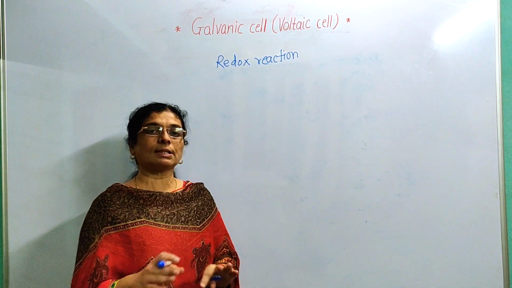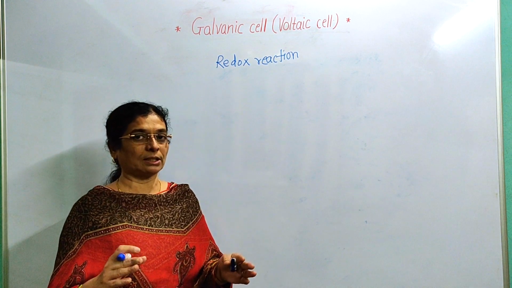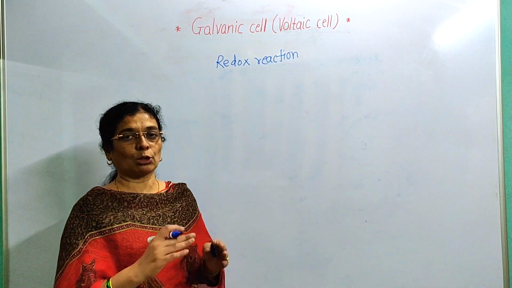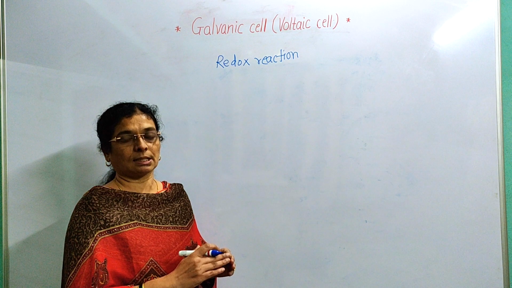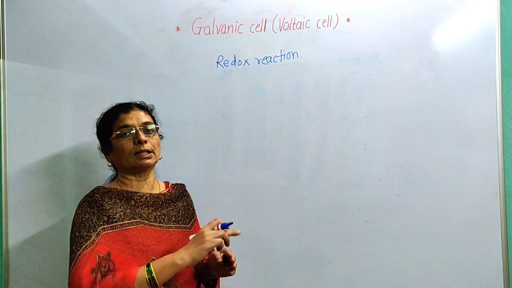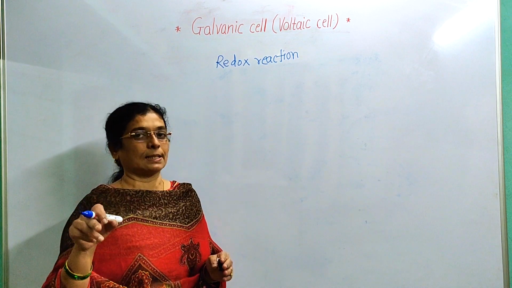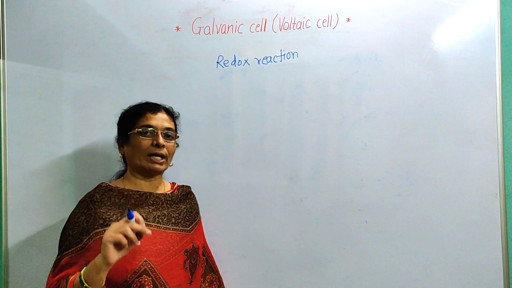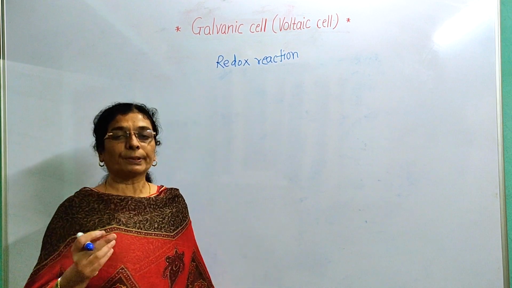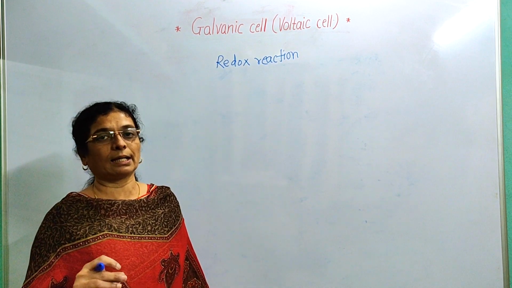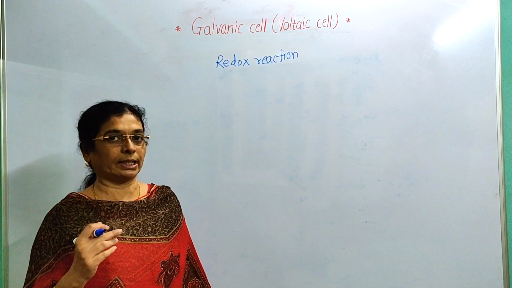These two substances are separated from each other, and the electrons lost by the oxidized substance are carried towards the reduced substance by using a metallic wire. Due to this we can obtain a flow of electrons, and like this we can obtain electrical energy.